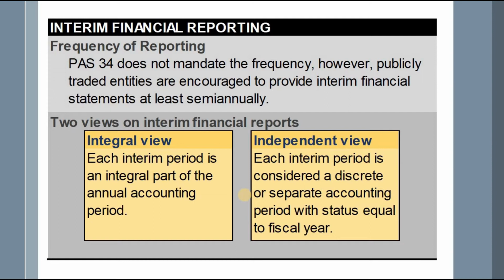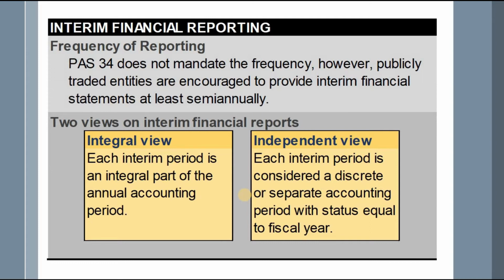When we say integral view, each interim period is an integral part of the annual accounting period. Under the integral view, the interim periods are dependent on one another to make up the annual financial report for the annual accounting period. However, under the independent view, each interim period is considered a discrete or separate accounting period, with status equal to a fiscal year.